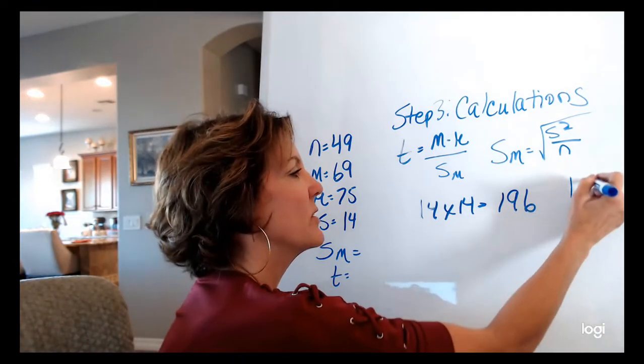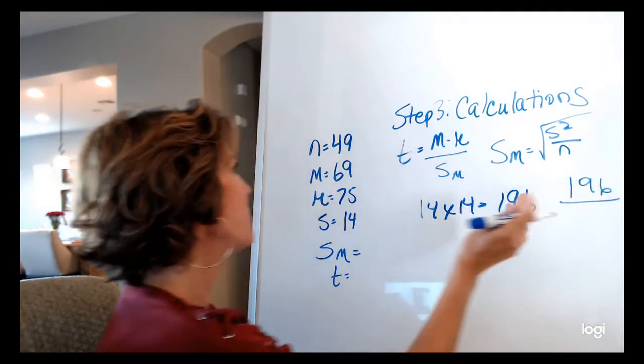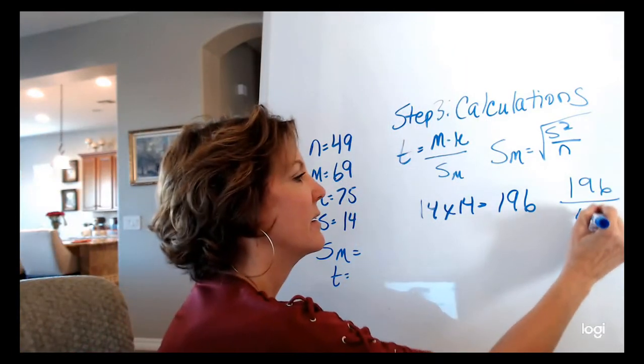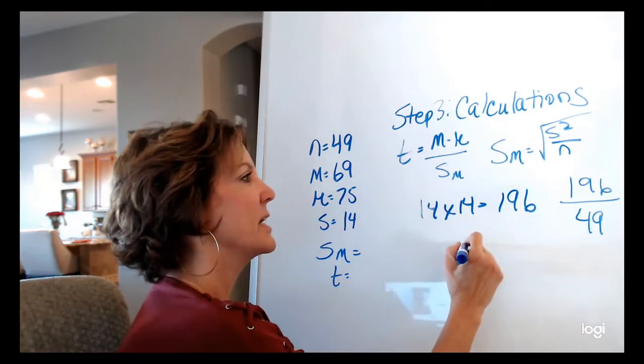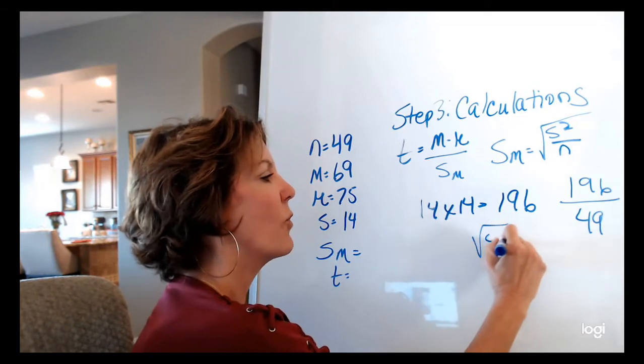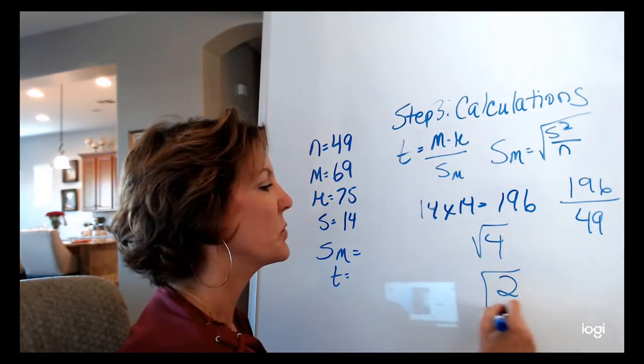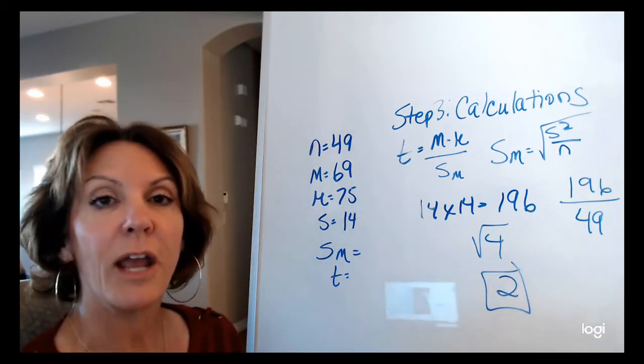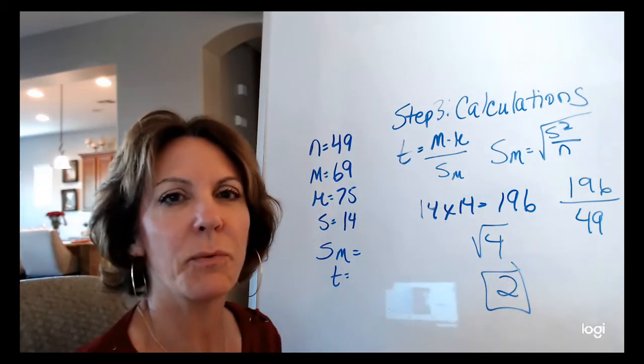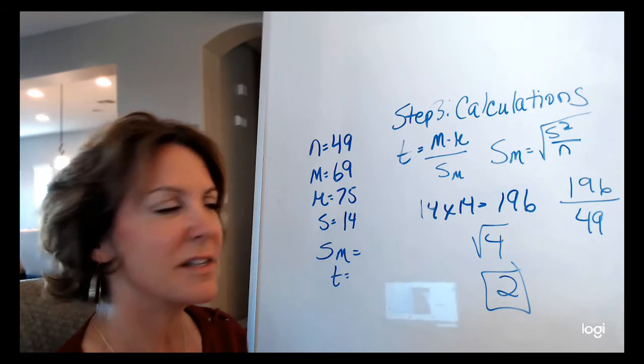If we have 196 divided by our N of 49, that gives us 4, if you do that division, and the square root of 4 is 2. So that means that our standard error is 2. Now we have everything we need to figure out our t-statistic.